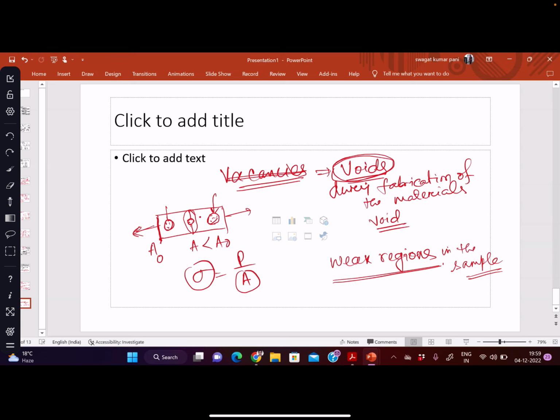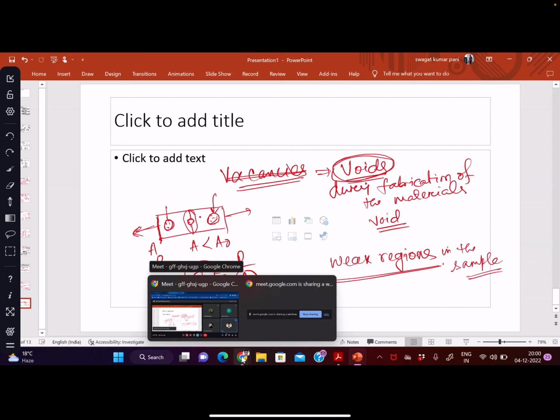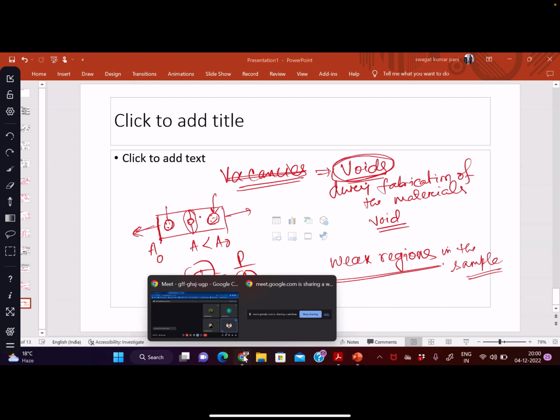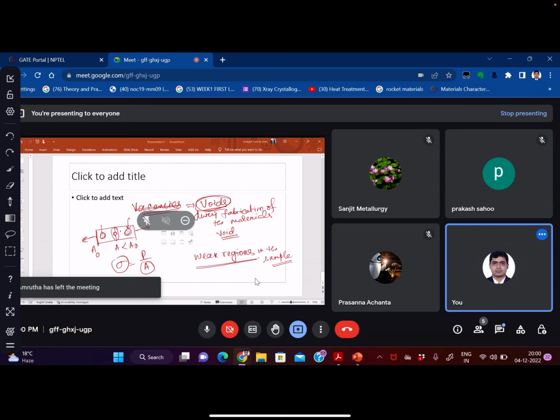Vacancies won't affect much. Okay. So any more doubts?